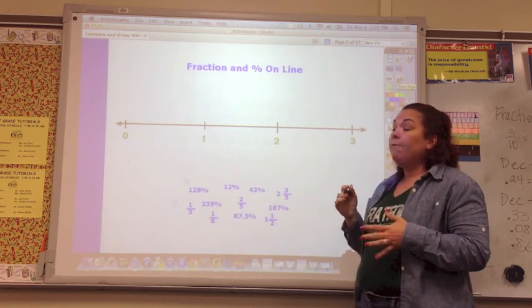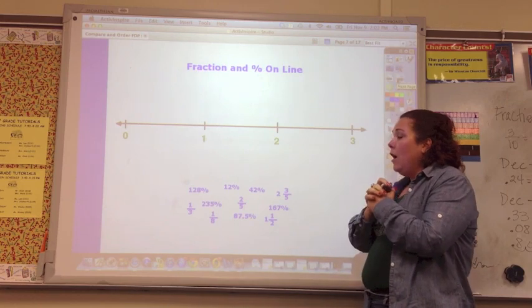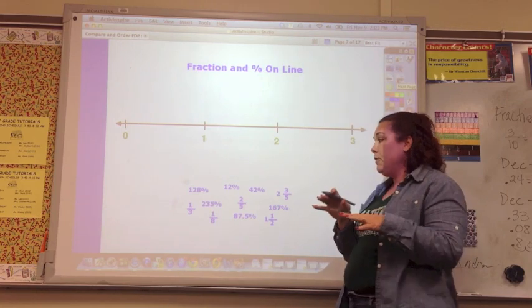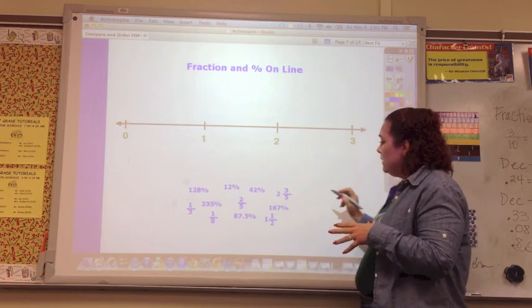So let's look at fraction and percent, because now I'm going to start with my favorite, the percent, and we'll go with that, and then we're going to look at fractions.